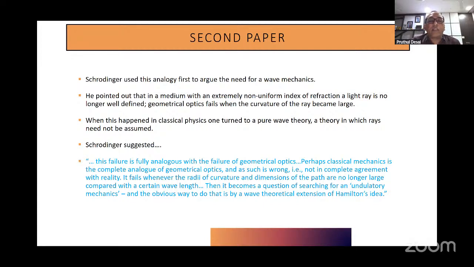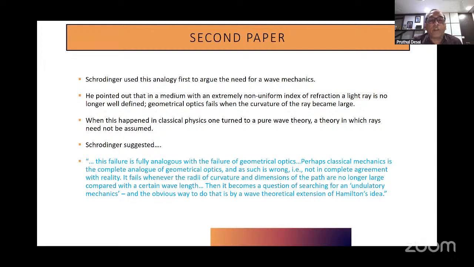Perhaps classical mechanics is the complete analog of geometrical optics, and as such is wrong, that is, not in complete agreement with reality. So as such, it is not wrong, but still it is not in complete agreement with reality. It fails whenever the radii of curvature and dimensions of the path are no longer large compared with certain wavelengths. Then it becomes a question of searching for an undulatory mechanics.